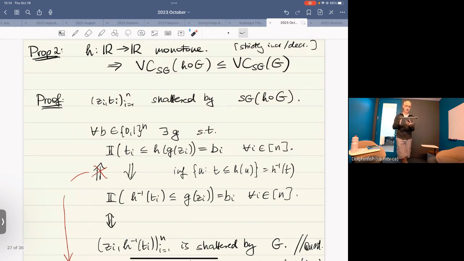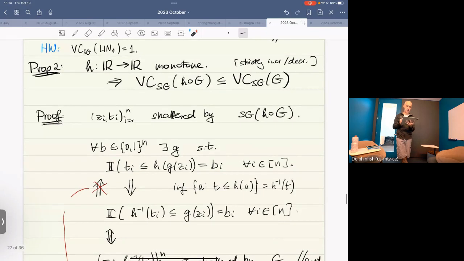You just think about, okay, if I have some set of points, what do you need to be able to show that some inequality like this holds? Well, if you can prove that anything that's shattered here is also shattered there, then you're done, right?